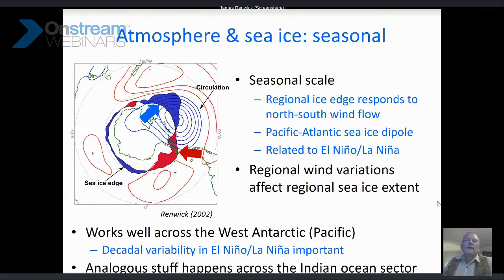And actually a PhD student of mine, Florence Isaacs, has been working on this for her PhD, and she shows that there are some quite significant relationships between tropical variability and sea ice around the Indian Ocean side or the East Antarctic coast. It's less dramatic, you might say, in some ways than the West Antarctic, but definitely still there. So tropical variations do affect the sea ice extent around the whole of the Antarctic coast.